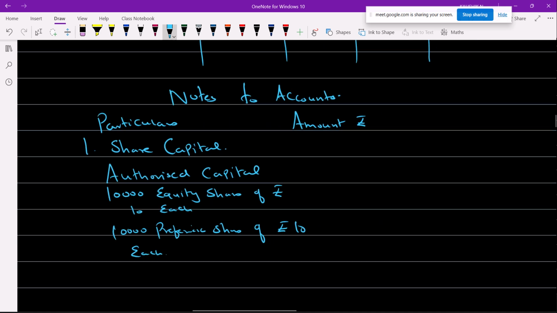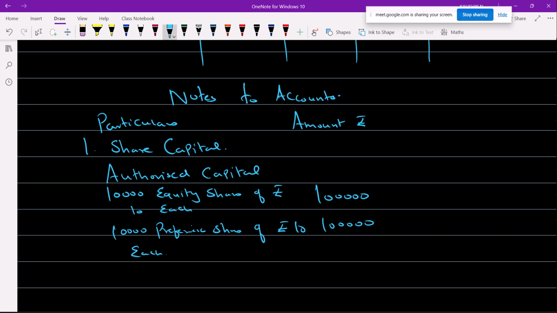The value will be 10,000 into 10, which is 1 lakh rupees, and again 10,000 into 10, which is 1 lakh rupees. Altogether this gives you the value of rupees 2 lakhs.